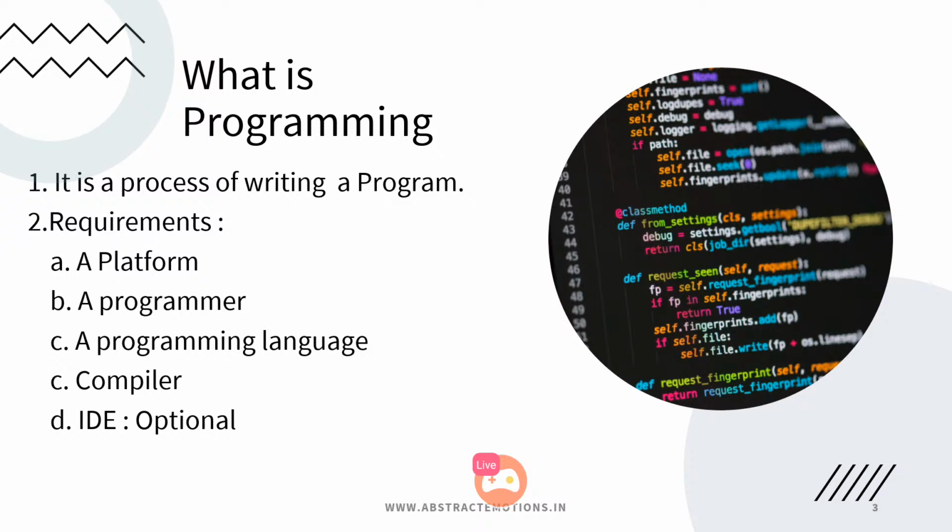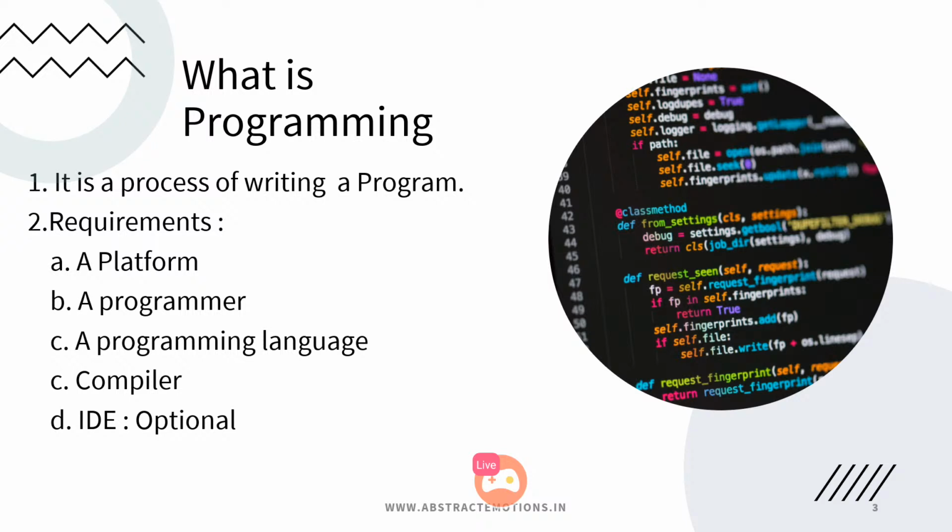The computer knows what to do with the programming. We just know how to write a program and how to write a logic, but we do not know how to execute it. Of course, we have written how to execute it, but the actual execution is done by the computer. So, what is programming?